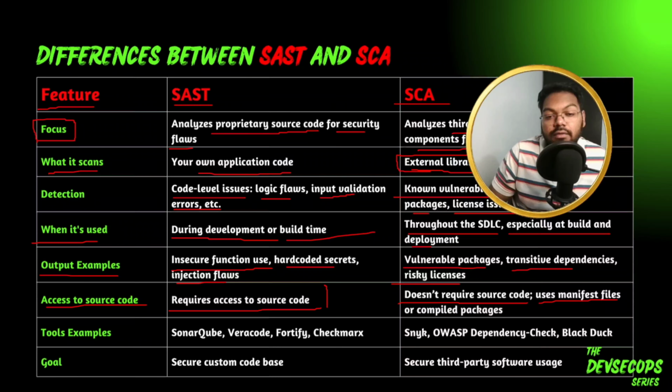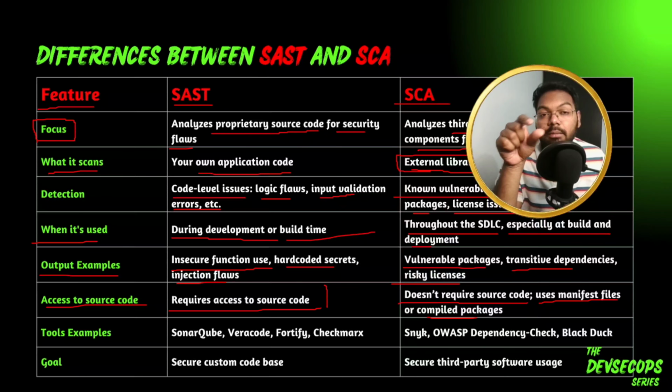It just uses the manifest files or compiled packages, or package.json in that case, and finds whatever dependencies are listed there. Using these scanners, it would scan these dependencies, check against the database, and let you know that if you have this particular dependency in your application, then you have a vulnerable application or third party package in use.